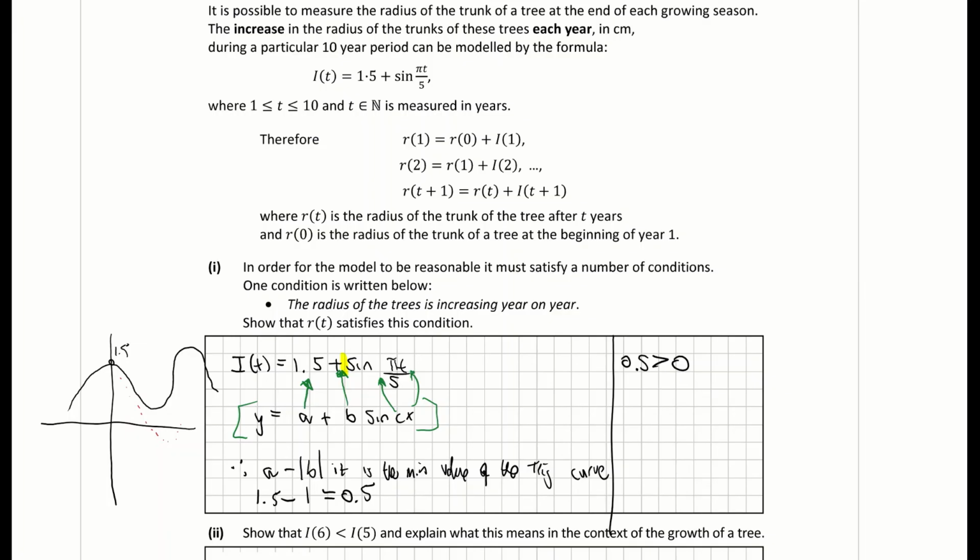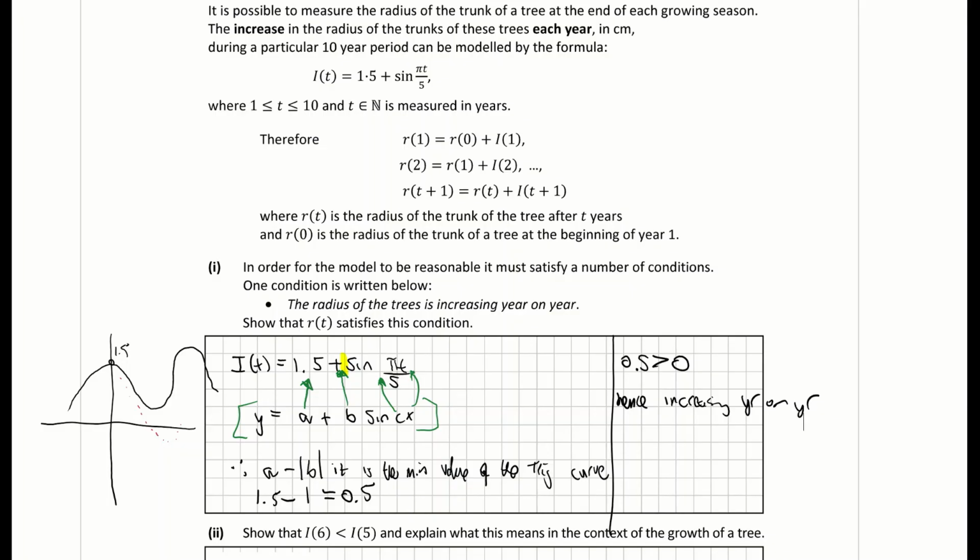So, in other words, the amplitude is going down 1 unit to get me to 0.5, so it's never going to cross that x-axis. It's all got to do with your range of the trigonometric function here. So therefore, 0.5 is greater than 0, and hence increasing year on year. It's never crossing the x-axis, never going into a negative figure.